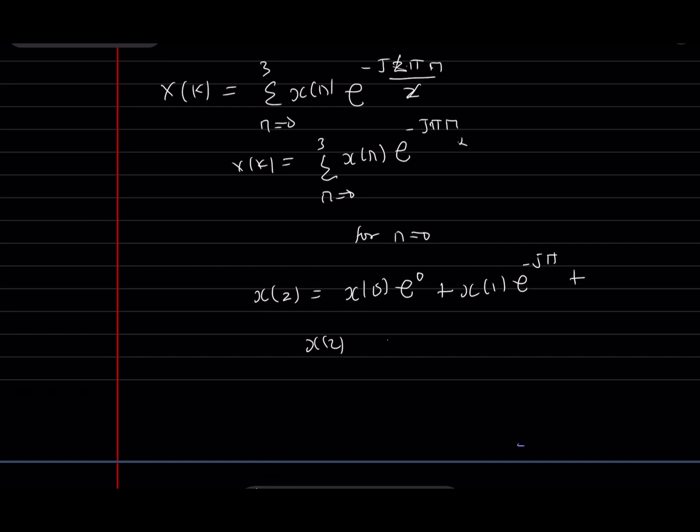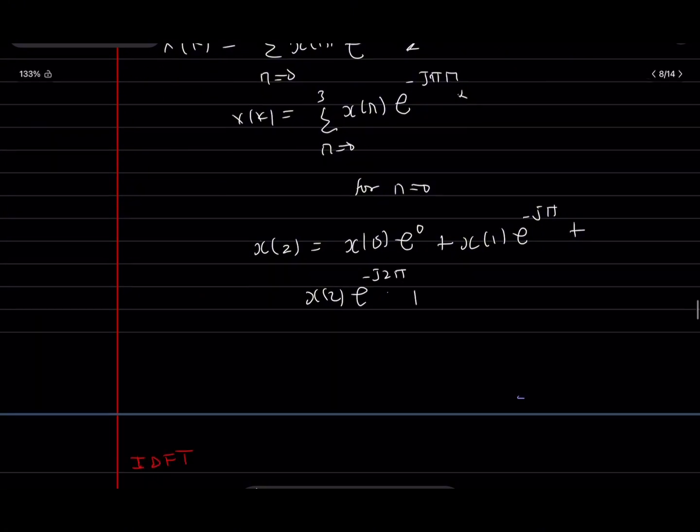And for n equal to 2, we are going to get x of 2 exponent negative j 2 pi, plus x of 3. Since n is equal to 3, we get it multiplied by negative j 3 pi. That's how everything goes.